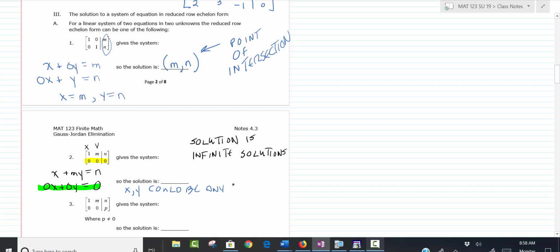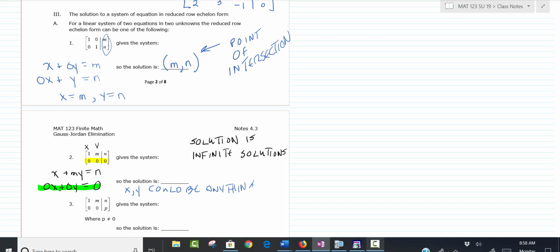That could actually be any number to satisfy that particular equation. 0 times anything is 0. 0 plus anything is 0. So no matter what x and y are, it would work. So that's all we're going to say so far, that we have infinite solutions.